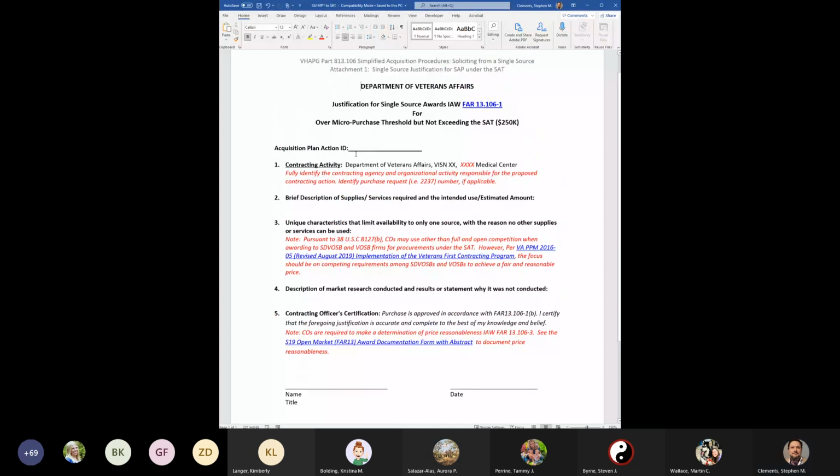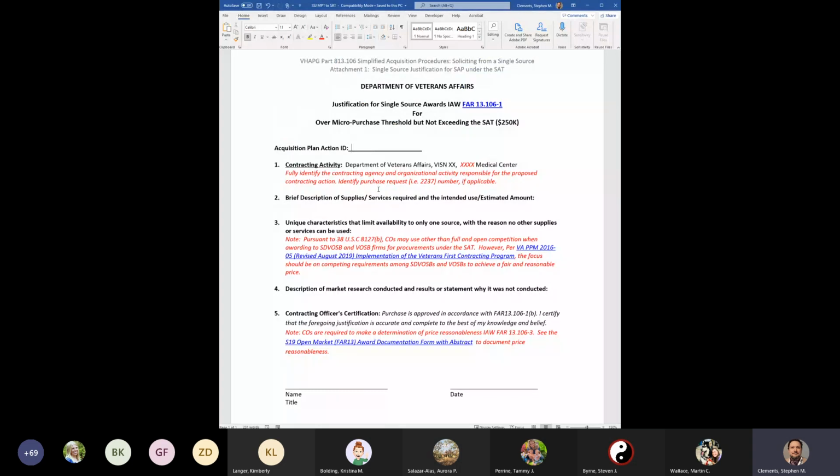So up here at the top, you got the name of the document, and it's a good idea to make sure to read it, that you've got the right document. It asks for acquisition plan action ID. So I interpret that, and how I've seen other people interpret that, that is your force number from when you submit the package.